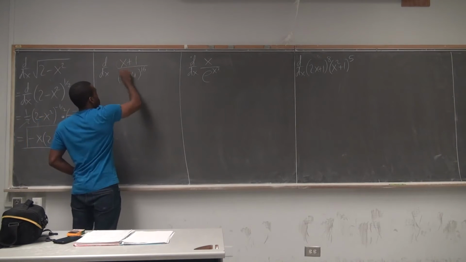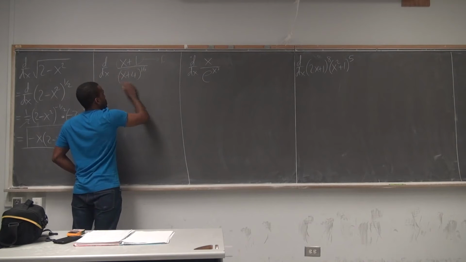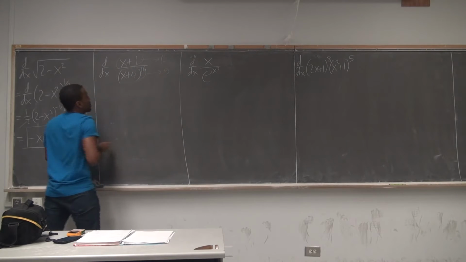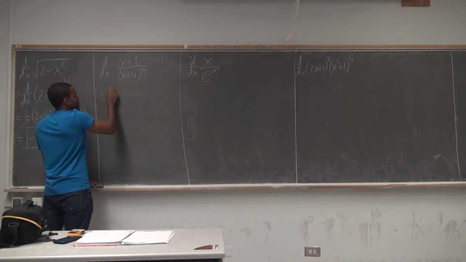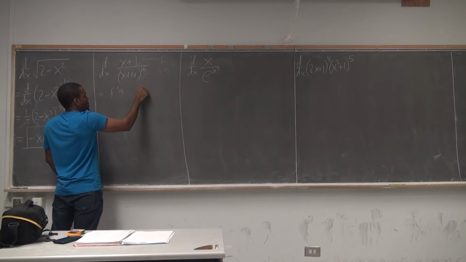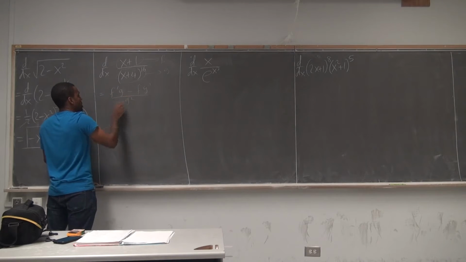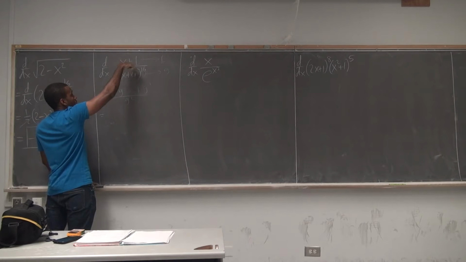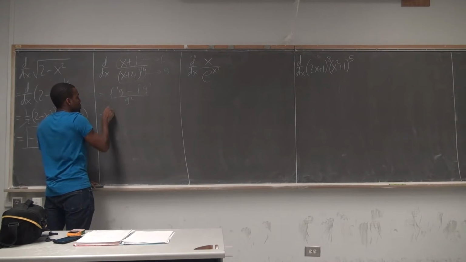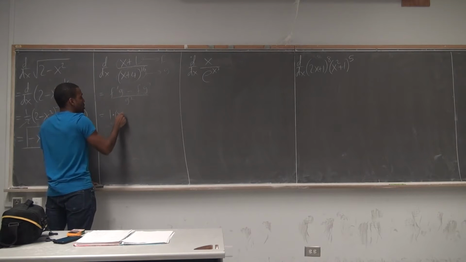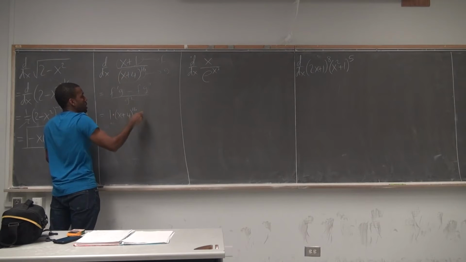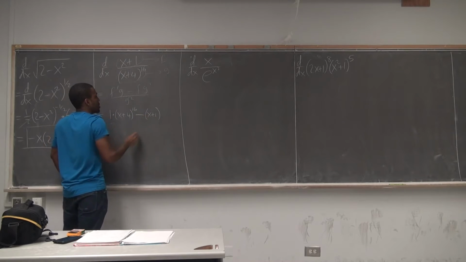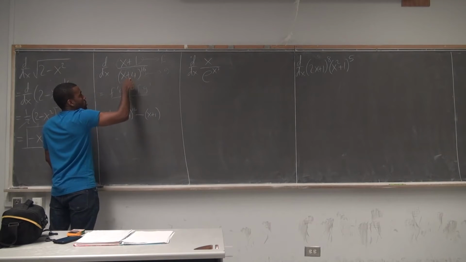I see this as just a division, right? This is f, that's g. So I know the derivative is going to be f prime times g minus f times g prime over g squared. F prime is the derivative of this, which is 1, times g, which is this guy, minus f, which is that guy, times g prime, the derivative of this.